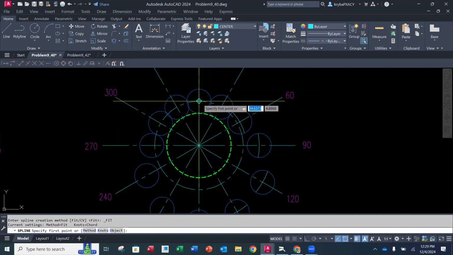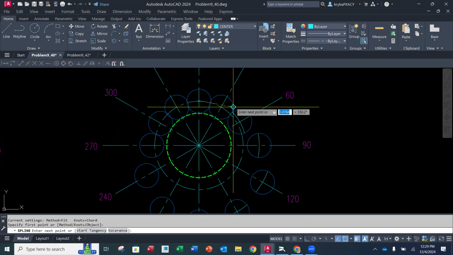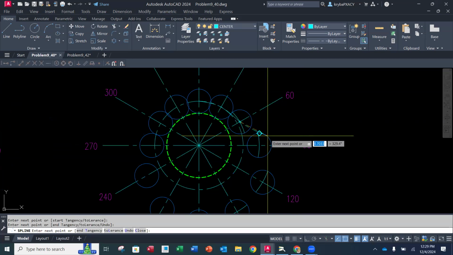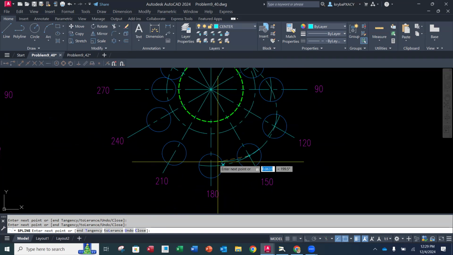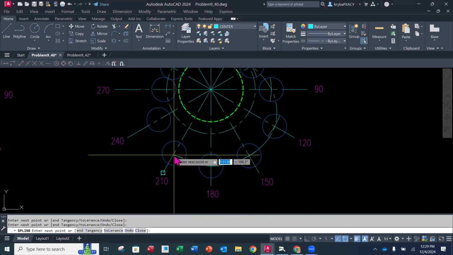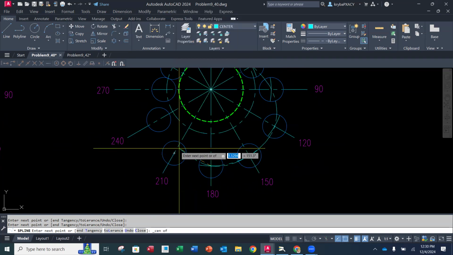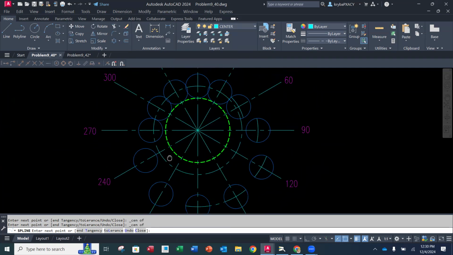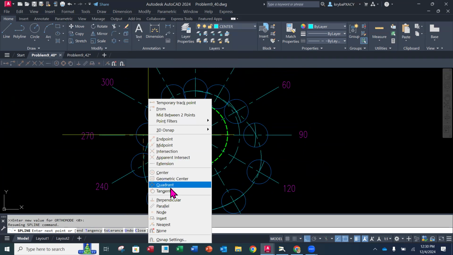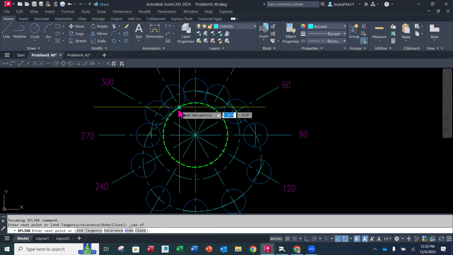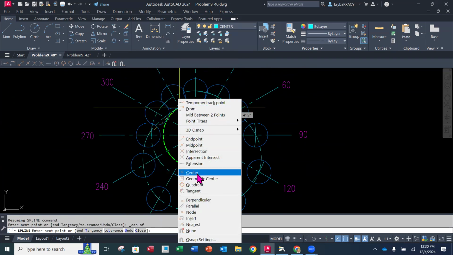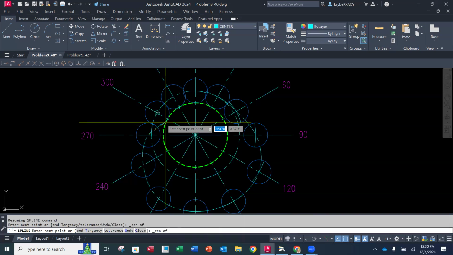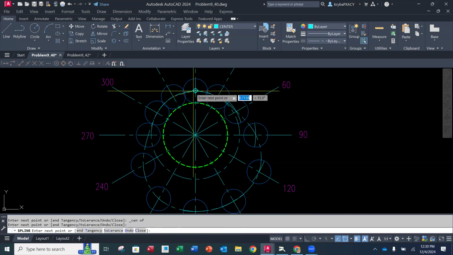And I'm going to go from the center of each one of my rollers, and it's going to generate that spline going around. Center for these. I took the center off because sometimes it just gets in the way. There we go, intersection, and then the last one.